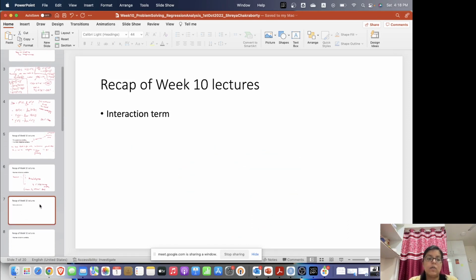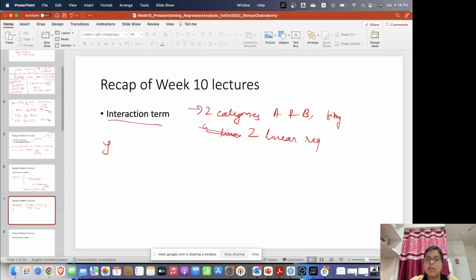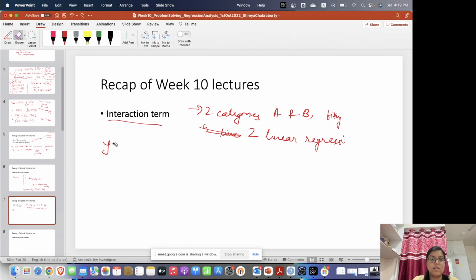And then we try to model 2 or 3 different scenarios by the introduction of some interaction term. For example, let's say we have 2 categories A and B, and we are fitting 2 linear regressions in the beginning. So we can write our model in terms of a single model.